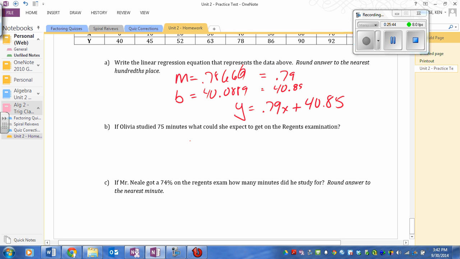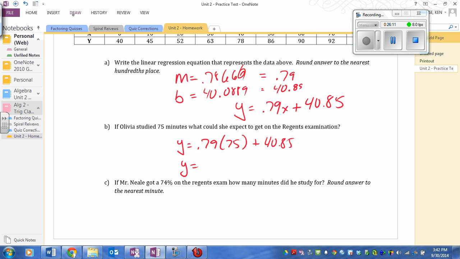75 minutes. So I'll plug 75 minutes in. So I get y equals 0.79 times 75 plus 40.85. And I get y equals 75 plus 40.85. Why do I have 40.85?